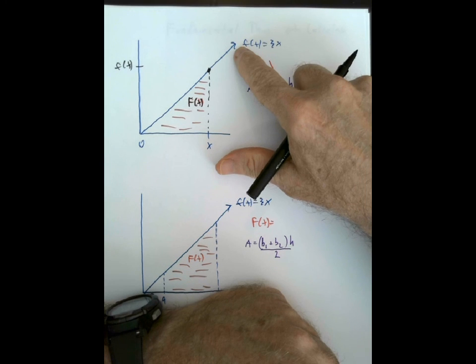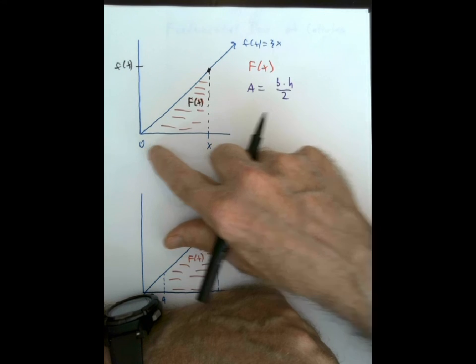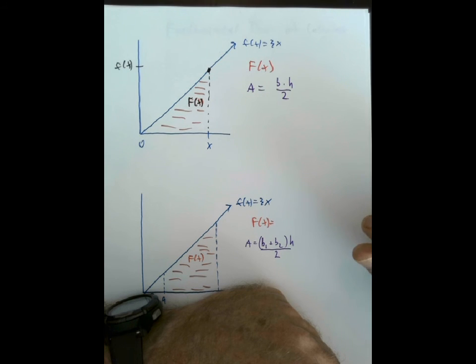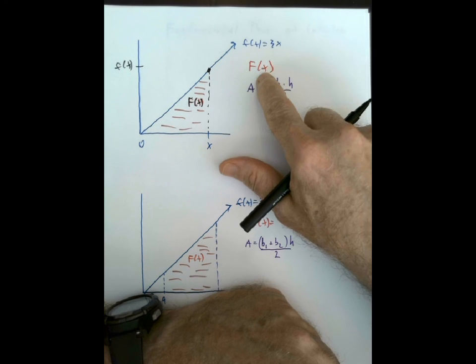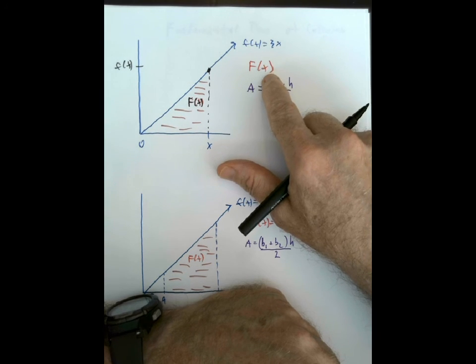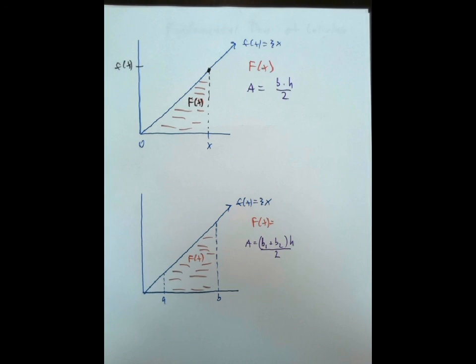So if the equation of the line on top is little f of x equals 3x, the area from 0 up to any arbitrary value x, we're just going to call that some value capital F of x. So what's a formula? Well, as it turns out, because that's a straight line, that's a triangle, and we know how to find the area of a triangle. It's base times height divided by 2, right?